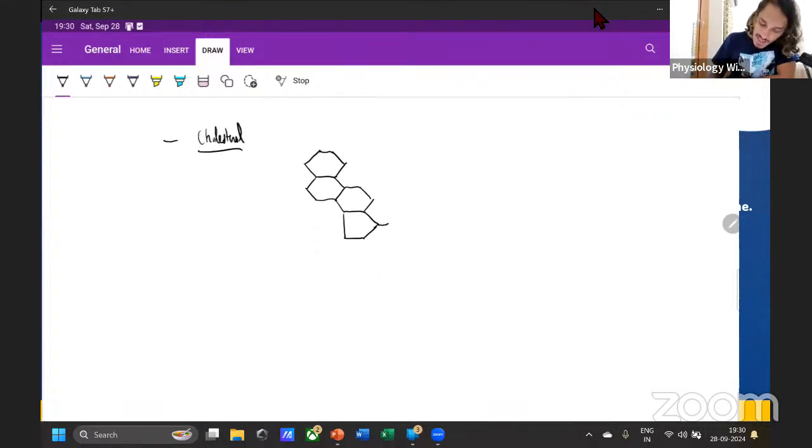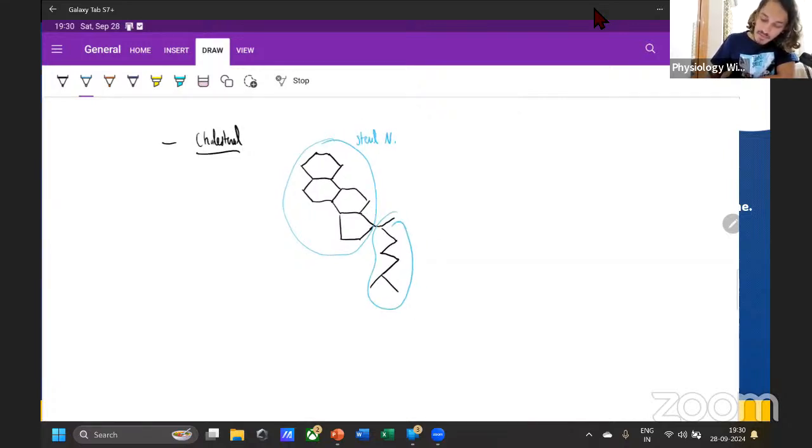On top of that, it has some carbon chain also. So it has two things. One, a sterol nucleus area and some carbon atom chains.